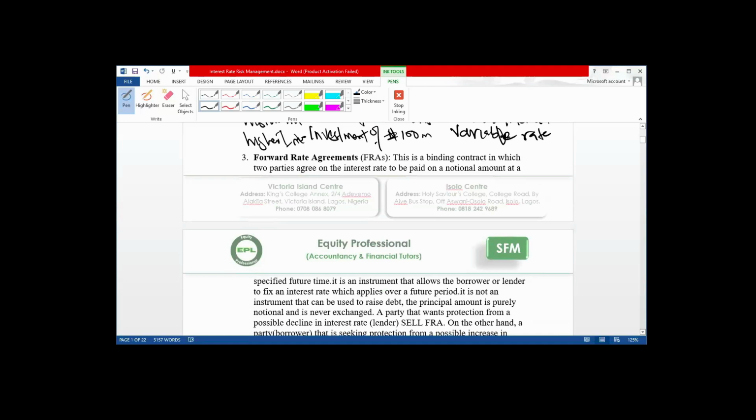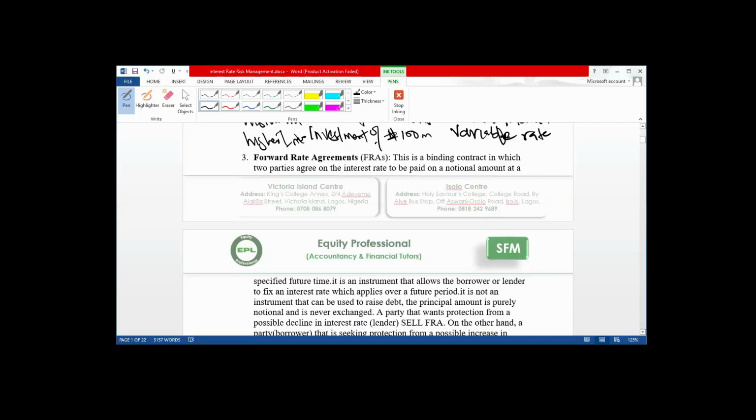The instrument is used by the borrower or by the lender to fix interest rates over a specified future period.